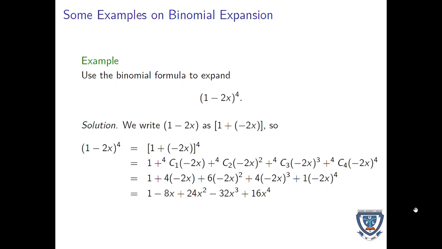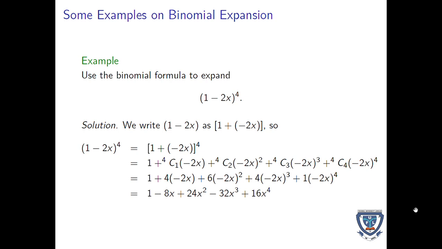Let's look at some examples. Use the binomial formula to expand 1 minus 2x raised to power 4. Solution. We write 1 minus 2x as 1 plus, in bracket, minus 2x. So my a in this case will be 1, while my b will be minus 2x.